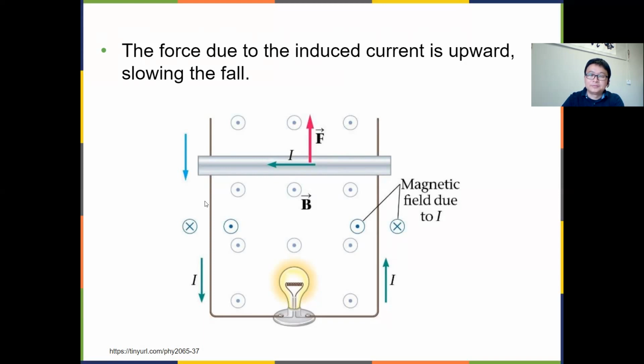So you can determine what will be the direction of this F. You put your four fingers along the direction of the current, and then you curve your four fingers towards the magnetic field, which is outward. So then the force will be upward, in that direction, and that exactly opposes the motion of the rod going downward. You can also determine it that way too.